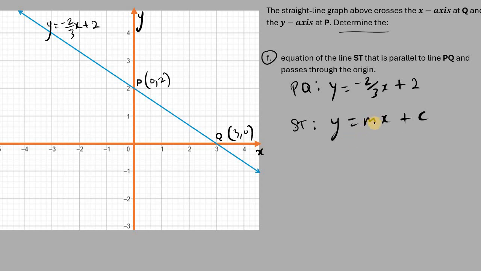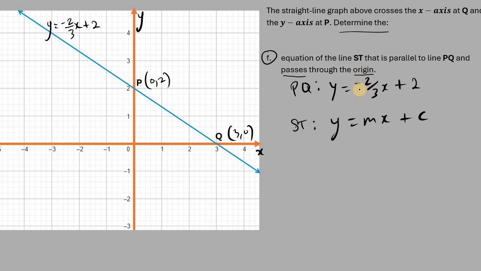Since they're parallel, what do we know about parallel lines? Parallel lines have the same steepness. They have the same gradient. Very good. Remember, gradient is just a measure of how steep the line is. So if this line is steep because it's slanted, then a line that's parallel to it should have the same steepness. And we're told that this line ST passes through where?